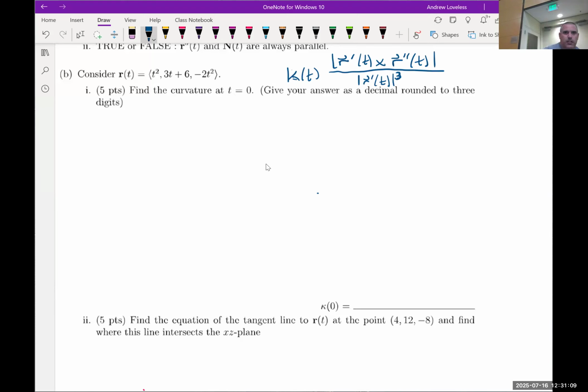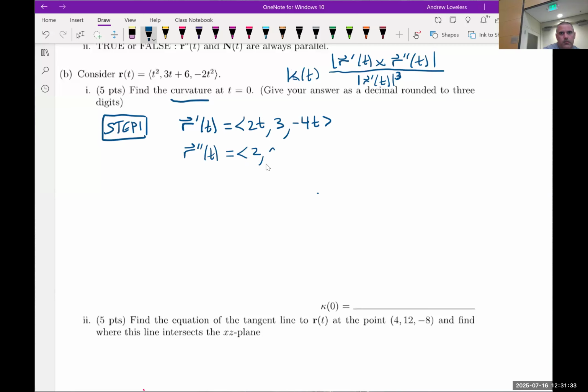If I was going to give you a procedure for curvature problems, step 1 is to take the derivative. It's typically a good idea to line them up, so let's do that now. The derivative is 2t, 3, -4t. And the second derivative is 2, 0, -4.